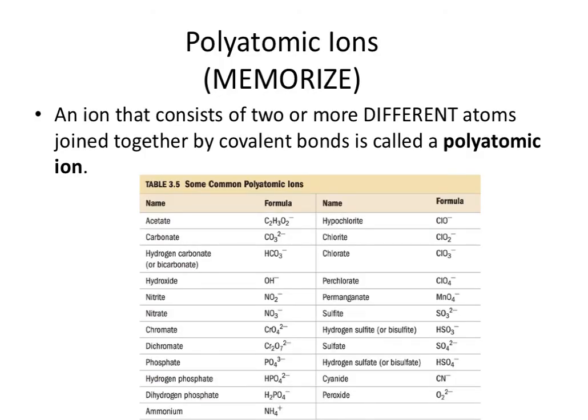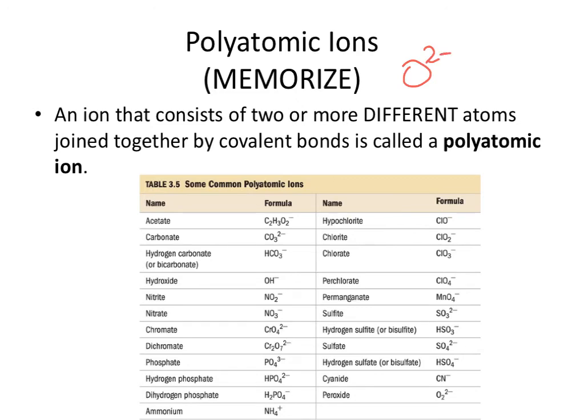All right, we're closing in on the end of naming. It turns out that some ionic compounds, and it's usually the anion, have a polyatomic ion in them. So what is a polyatomic ion? I'm going to show you first what is not a polyatomic ion. A monoatomic ion is only one type of ion.